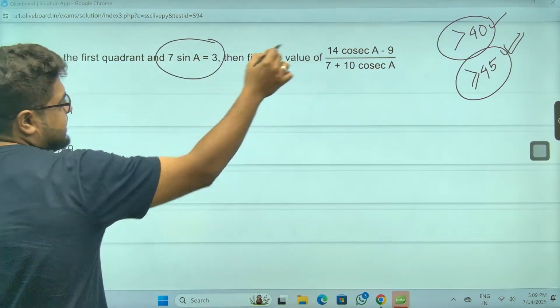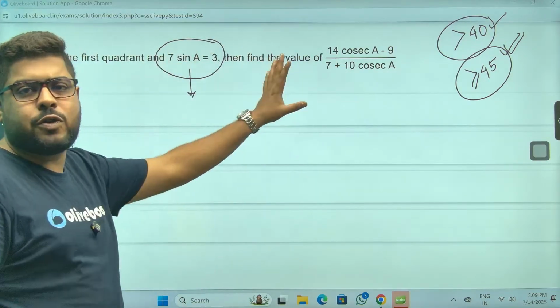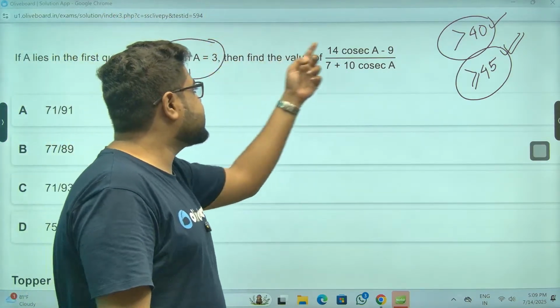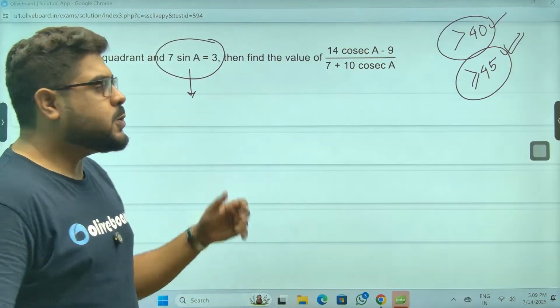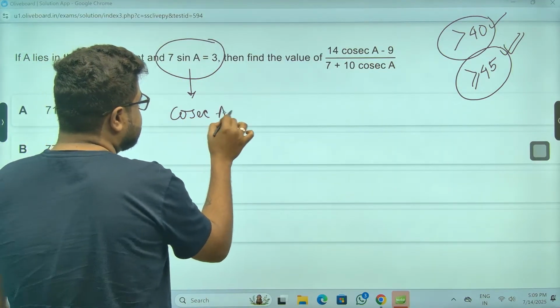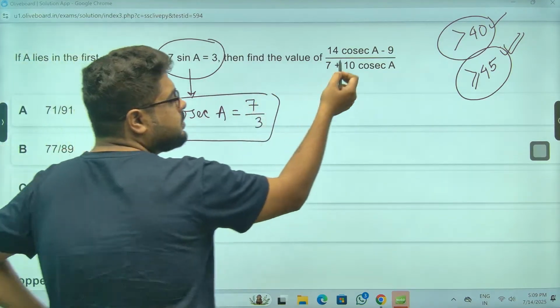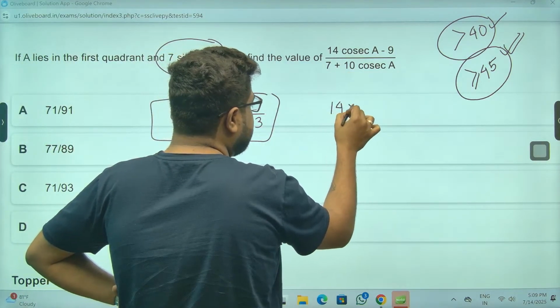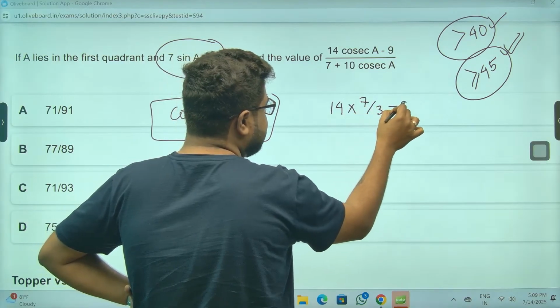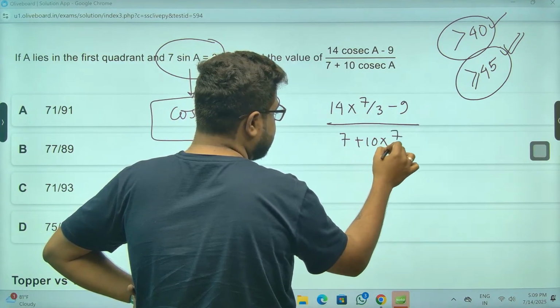First question. This is given, they're asking something. First things first, I don't really need to figure out the ratios because sine is given and cosec they have asked. So sine will be 3 by 7, so directly from here I can write cosec A will be 7 by 3. Put down the values: 14 into 7 by 3 minus 9, over 7 plus 10 into 7 by 3.